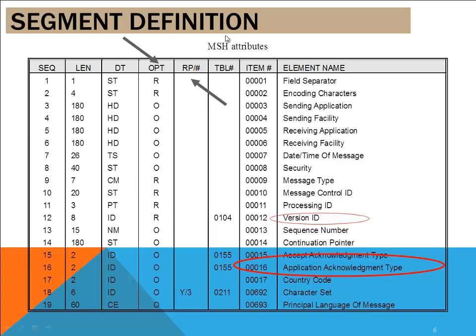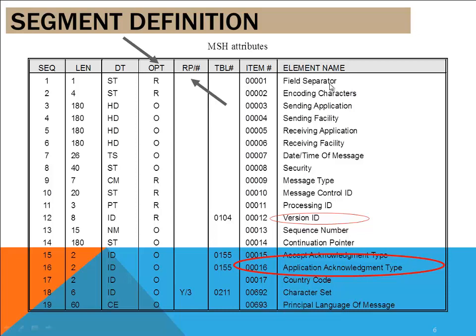Let's first look at the MSH attributes. This segment is composed of different fields. It can have 19 fields. The first field can be separated by a field separator.